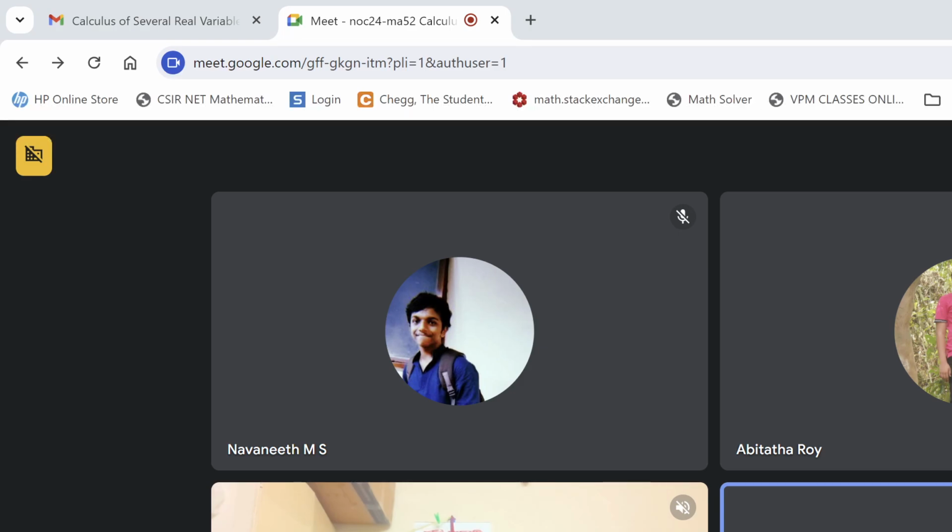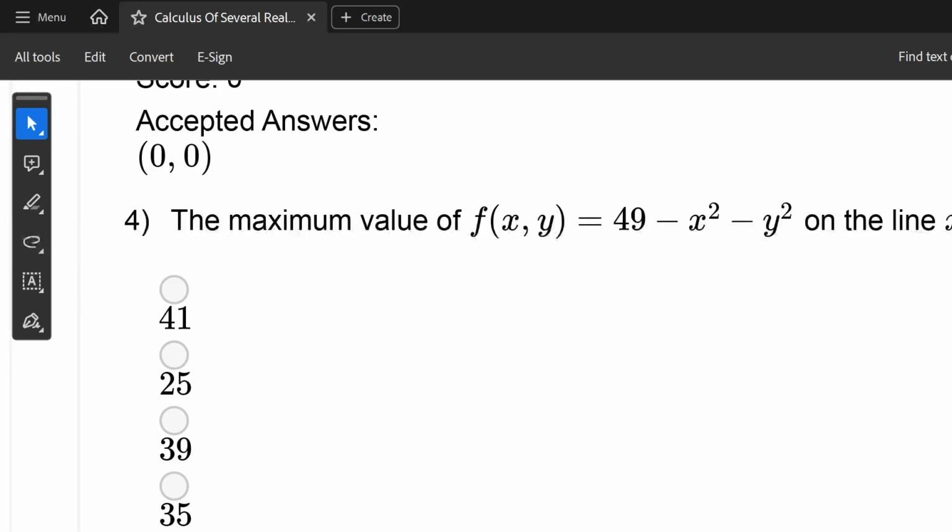Okay, so fine now. Can you see the screen? It can be seen that there is a slight lag.